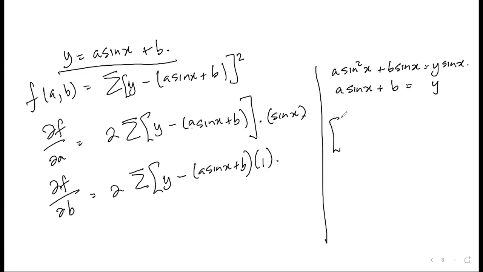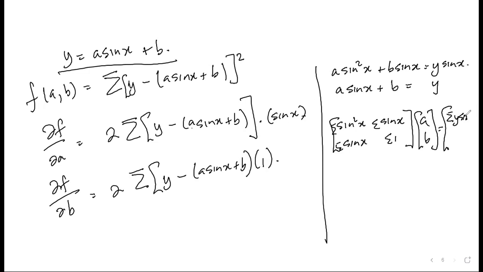So it's going to be sine squared x, sine x, sine x. All of these are sums, times A and b, equal to the sum of y sine x and the sum of y.